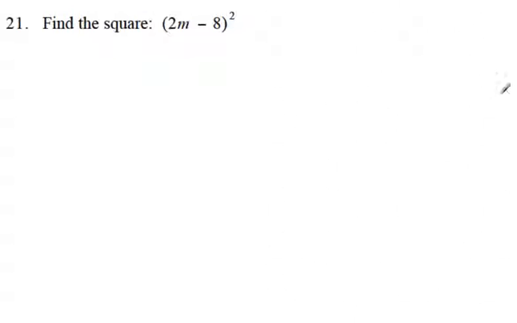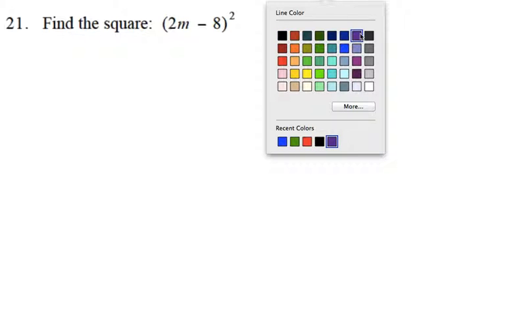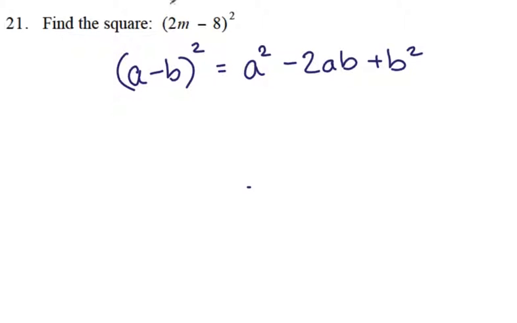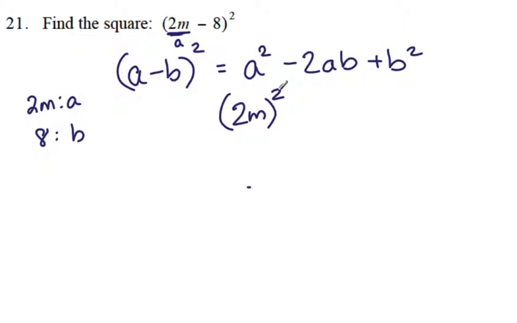Okay, number 21. This is one where I told you guys that you are going to need to memorize the a minus b squared is the same as a squared minus 2ab plus b squared, where in this case 2m is the A, and 8, not negative 8, but 8 is your B. All right, so we have 2m squared, and I'm hoping you guys are getting to the point where you can do a lot of mental math with this, but no fret if you're not yet there.